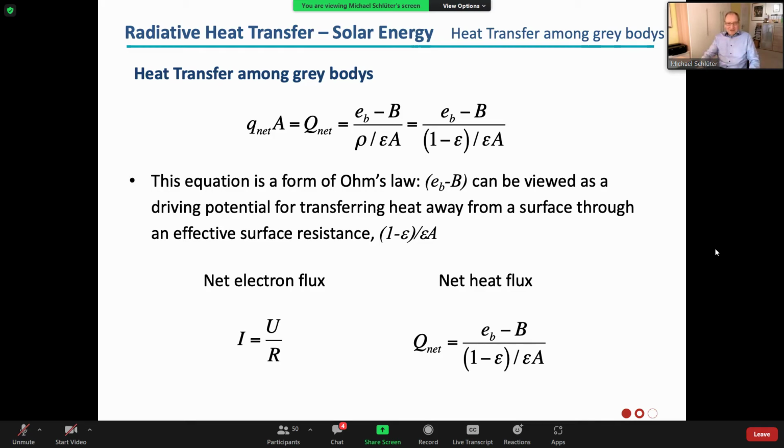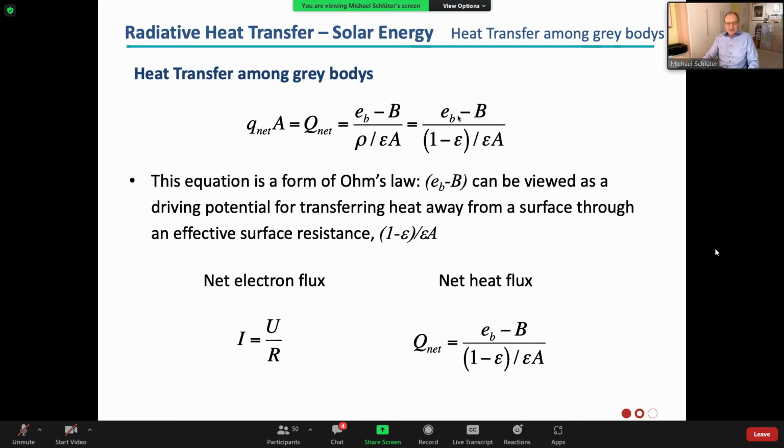And now the question is, how can we see the resistance? The resistance is these 1 minus epsilon. Epsilon was the difference between the black body and the gray body, as you probably remember. And this 1 minus epsilon divided by epsilon A is proportional to our resistance, our R. So here this is a heat flux of radiation, and this is the flux of electrons.